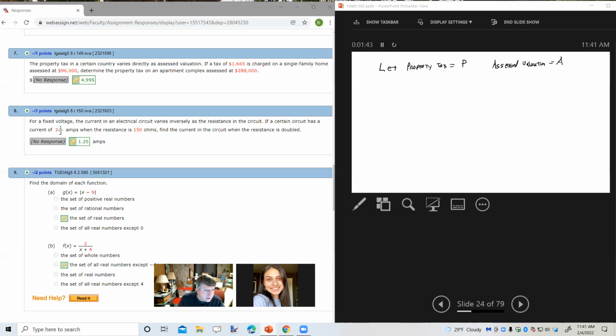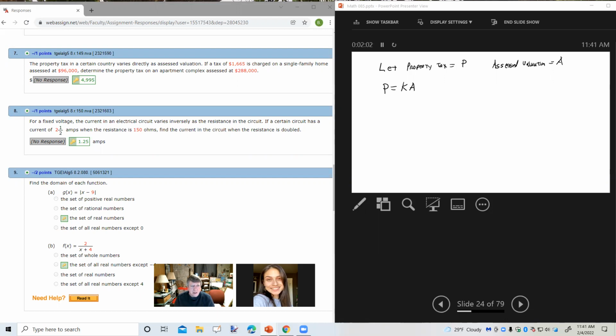It says the property tax in a certain country varies directly as assessed valuation. So P equals KA would be our initial formula using direct variation. Any questions about that?